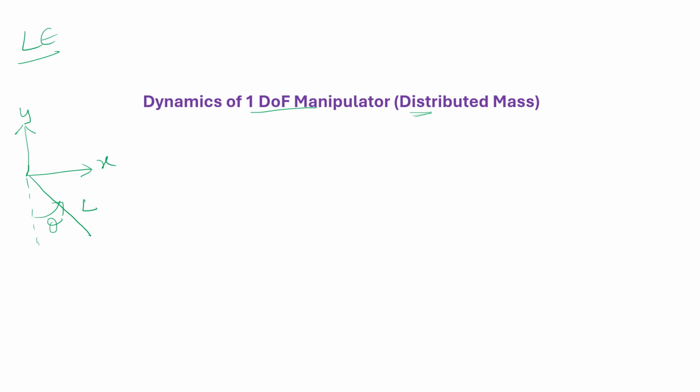Let me take a point Q, which is at a distance, say small l, from the origin or the reference. The position of point Q will be l sin theta, which is your x, comma, and in the negative direction, minus l cos theta.